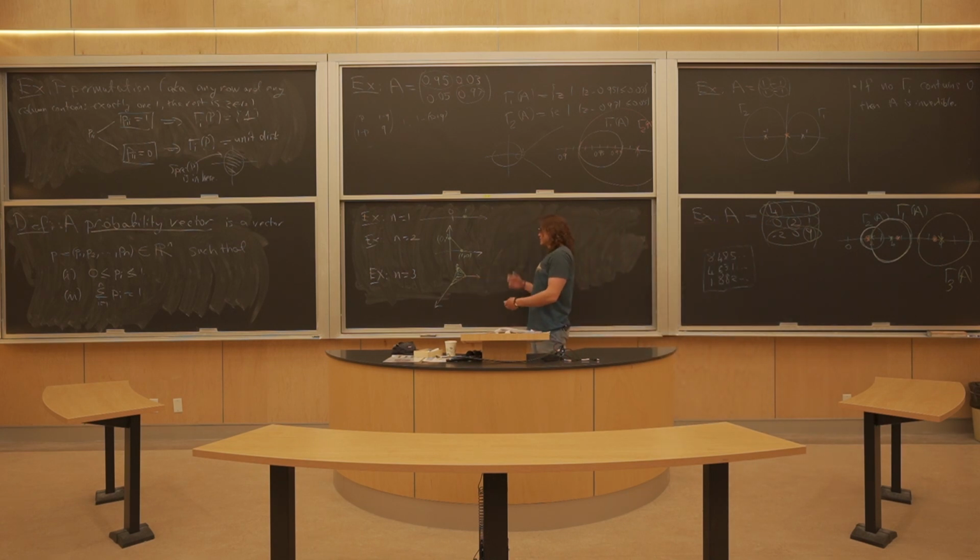Of course, these shapes are called the standard simplices. So this is also called the standard simplex of 0 dimension. This is called the standard simplex of 1 dimension. And this is the standard simplex of 2 dimensions.